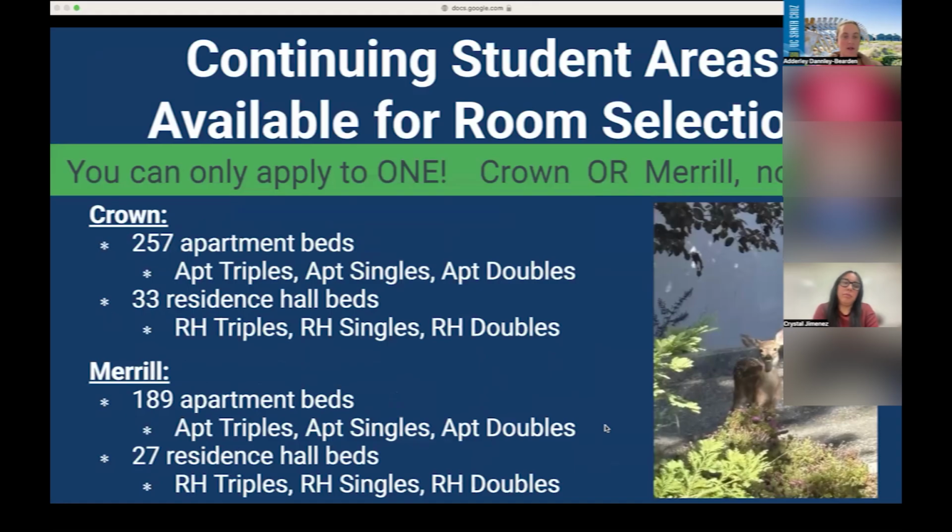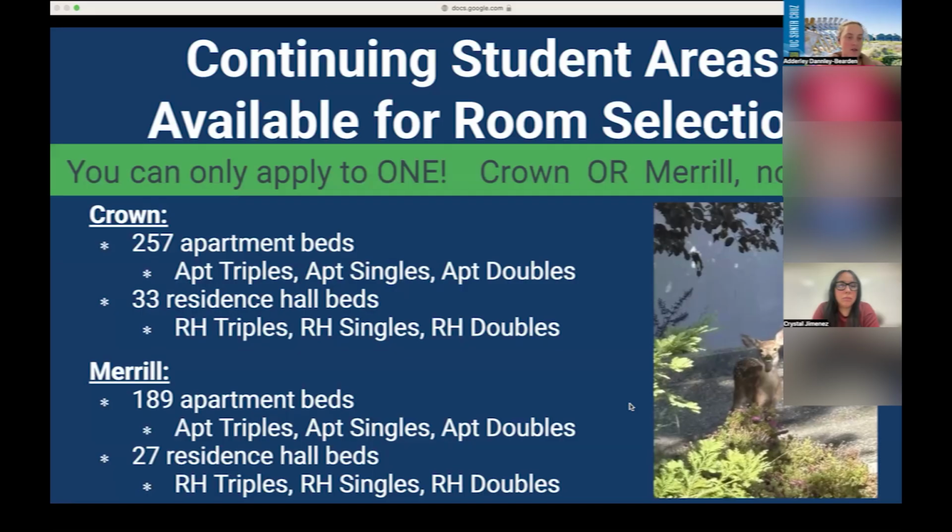Okay, so for continuing student areas that are available for room selection, please keep in mind for Crown and Merrill, you can only select one college. So if you're interested in living at the apartments at Crown and Merrill, you are applying either to Crown or Merrill to hopefully get an apartment there. You cannot apply to both, they're not combined.